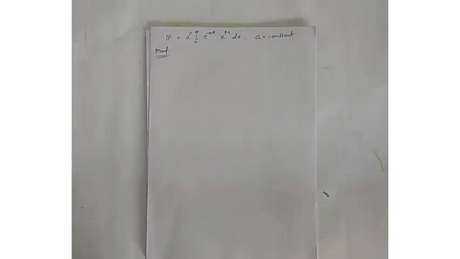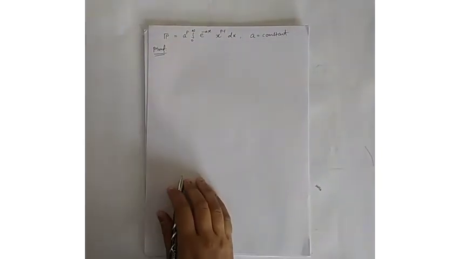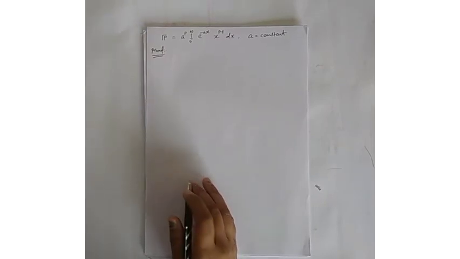So proof. Gamma p is equal to a raised to p into integration with limit 0 to infinity e raised to minus ax, x raised to p minus 1 dx. Let's prove this form. So first we are going to use the definition of the gamma function.